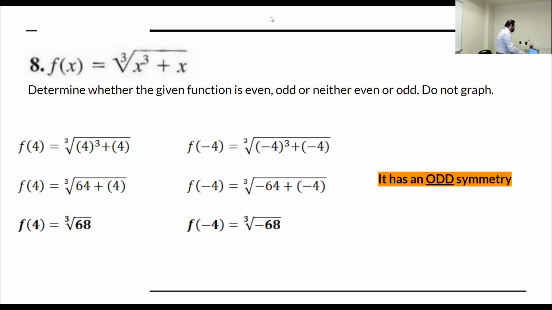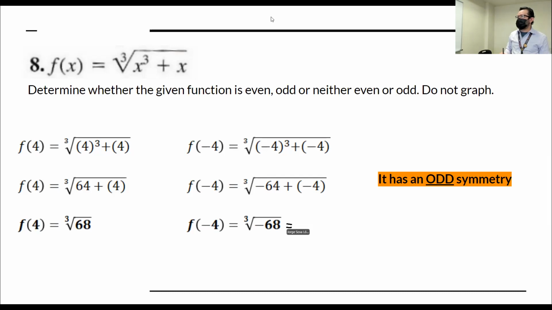Okay, good. Now, just a quick note here, to reinforce what Alejandro was saying. Here it's an odd root.